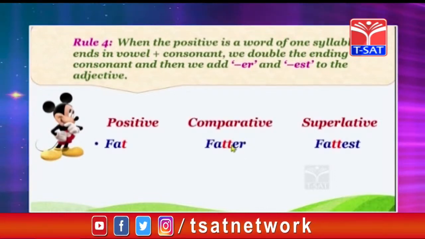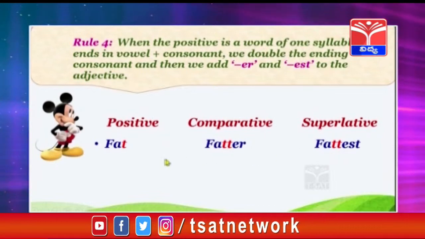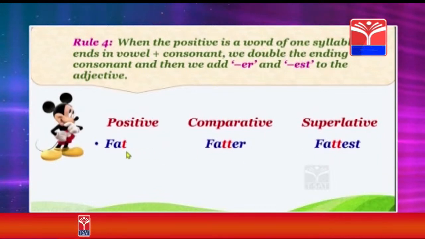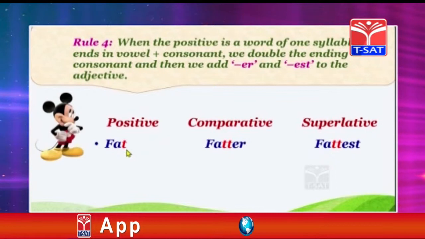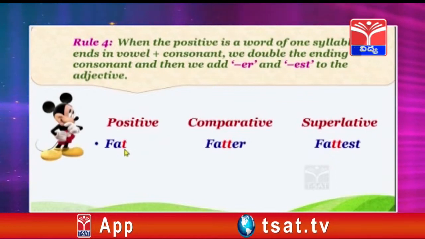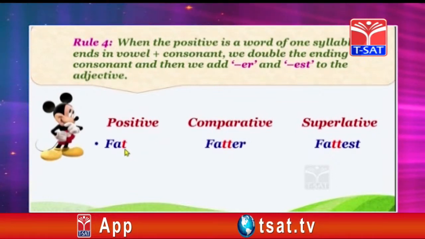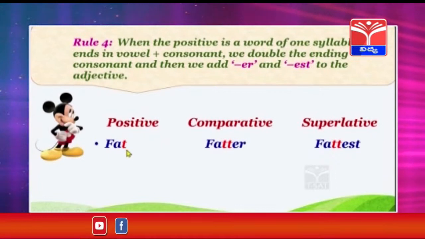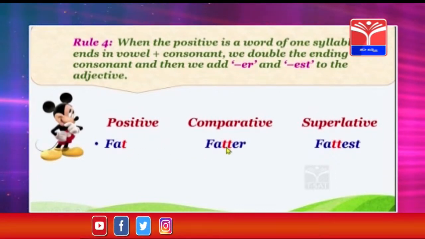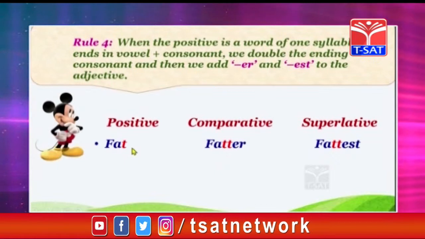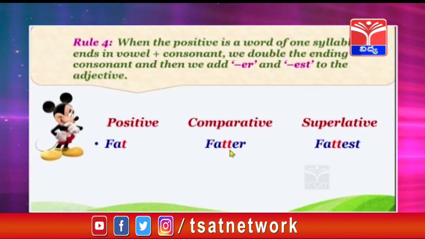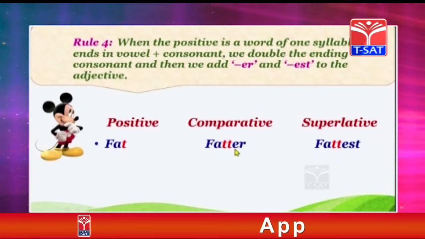Fat, fatter, fattest. If you observe carefully, here the last letter T is a consonant which is preceded by a vowel. And when it came to the comparative degree, the last consonant is doubled and we have added the letters ER.